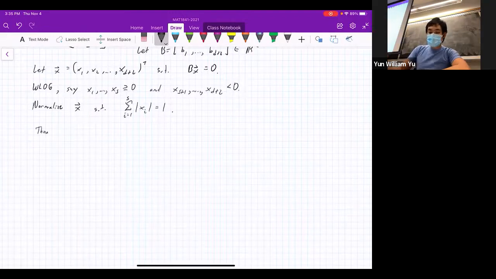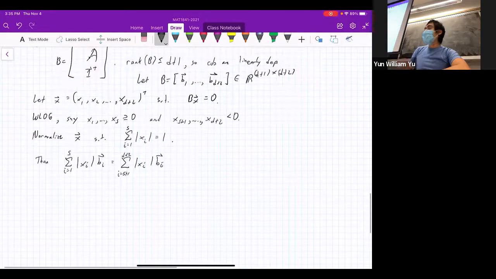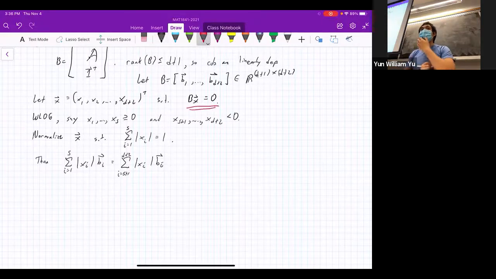Well, then we clearly know that the sum from i equals 1 to S of xi bi is equal to the sum from i equals S+1 to D+2 of xi bi. Why is this? If you expand out Bx, you end up getting these two sides, and you move all the negatives onto one side until they become positive again.